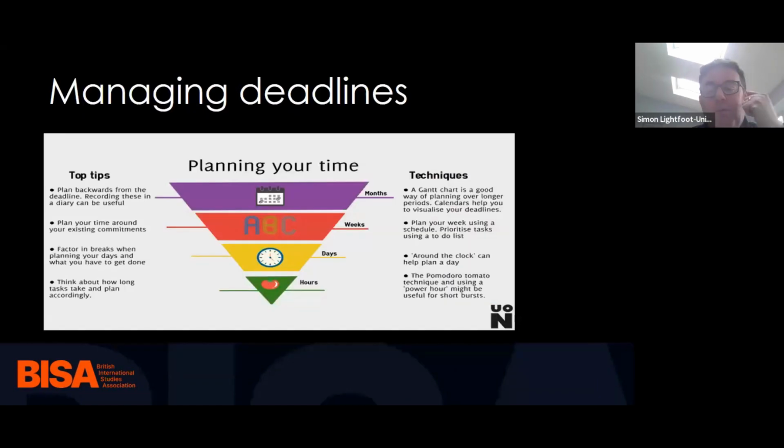And so I found this on the University of Northampton website, and I think it's very important because you will have multiple deadlines. And what I really liked about this was the fact that it's about the plan backwards. So whatever works for you, there are different types of charts that you can employ to plan your time.